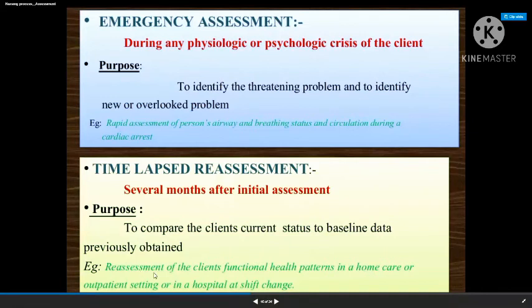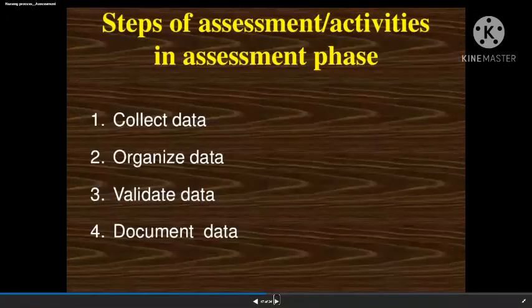That means after providing the care, after so many days, you are reassessing and comparing with the first one. The initial assessment is the baseline data, isn't it? For example, reassessment of the client's functional health pattern in a home care or outpatient setting, or in a hospital at shift change. After discharge, when the person goes to a home care or outpatient setting, you assess the patient to find any changes.